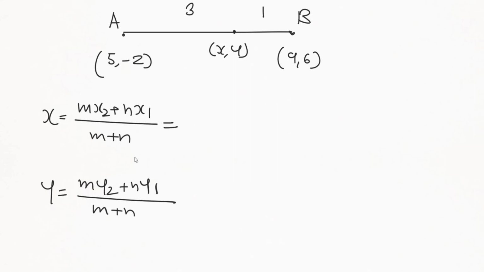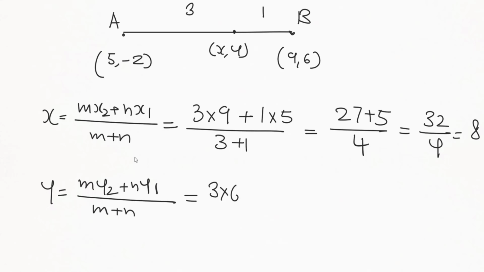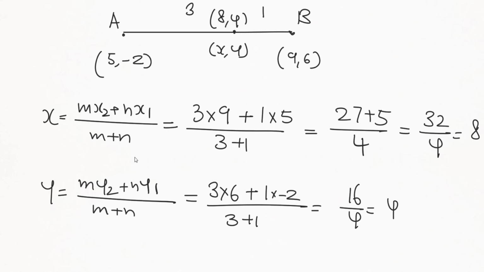Directly substitute 3 times 9 plus 1 times 5 over 3 plus 1. So this becomes 27 plus 5 over 4, that is 32 over 4, that is 8. And y will be 3 into 6 plus 1 times -2 over 3 plus 1. So 18 minus 2 is 16 over 4, that is 4. So the answer is (8, 4).